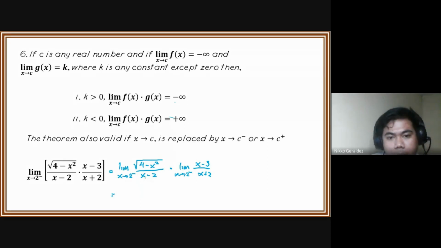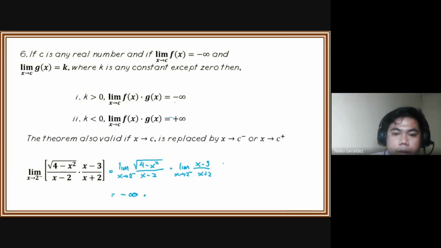So, ito, nasagot na natin to, di ba? Limit of square root of 4 minus x squared over x minus 2 as x approaches 2 from the left. Ano nasagot natin dyan kanina? Negative infinity. So, that is negative infinity. Very good.